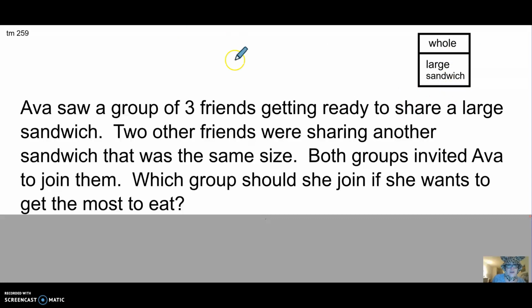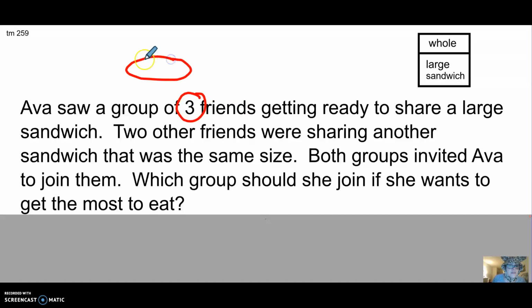Now, let's think. In the first group, there were 3 friends, and the 3 friends asked her to join in. If Ava joins the group of 3 friends plus Ava, that's 4 people sharing the first sandwich.